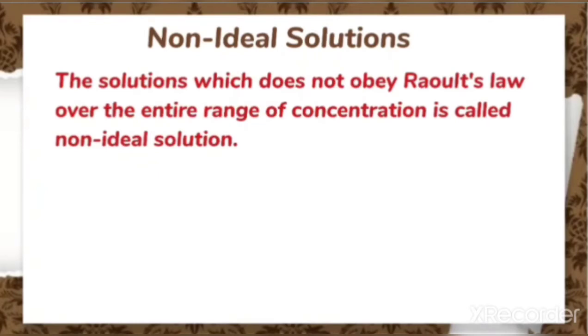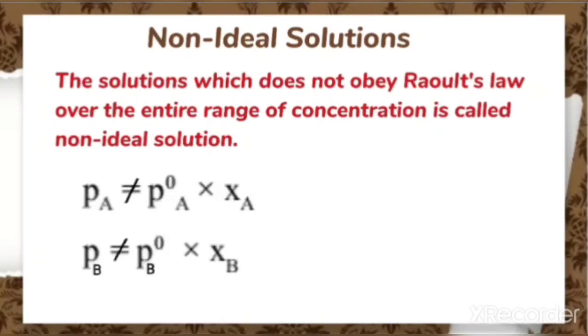Even at a particular concentration it may behave like an ideal solution, but not for the overall range of concentration. Such solutions are called non-ideal solutions. That means in this case PA is not equal to P0A XA and PB is not equal to P0B XB, because if it were equal, it would obey Raoult's law.